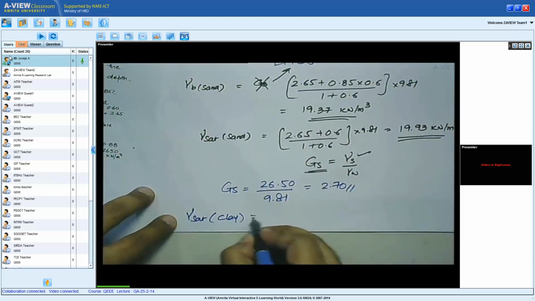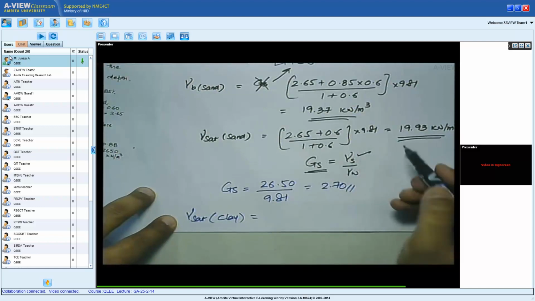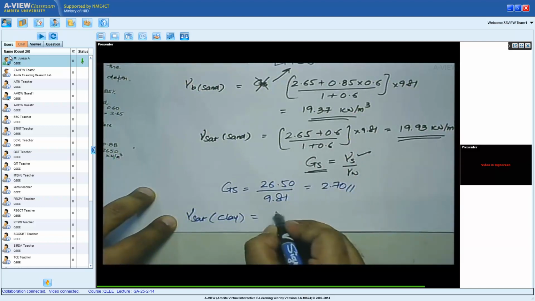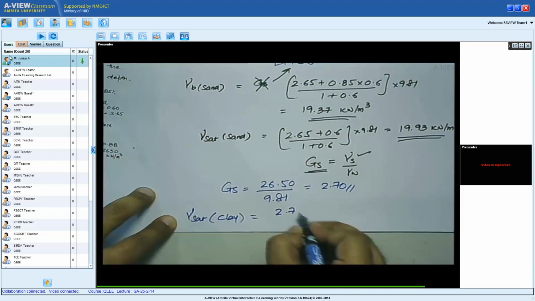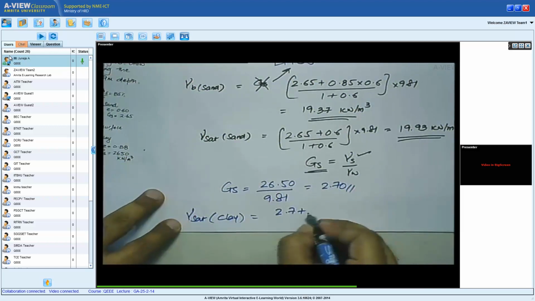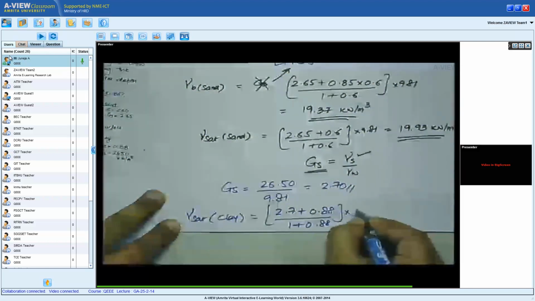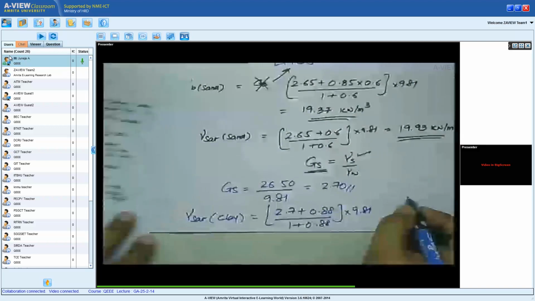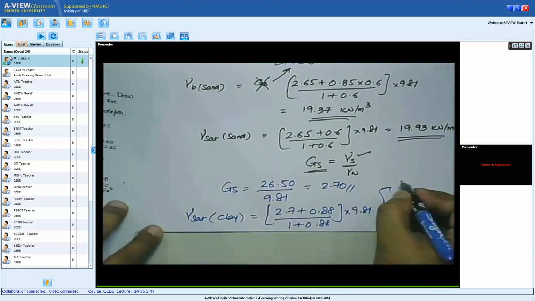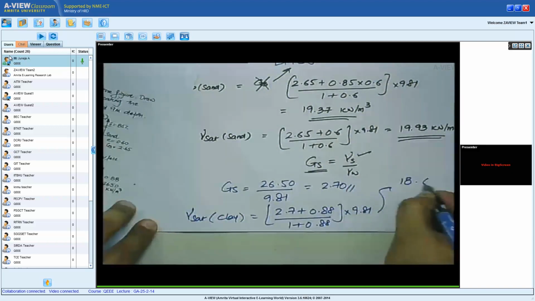This should be equal to, again using the same expression as before, 2.7 plus the void ratio, 0.88, divided by 1 plus 0.88, whole thing times 9.81. If you plug in your number, you should get an answer which is 18.68 kilonewton per meter cube.